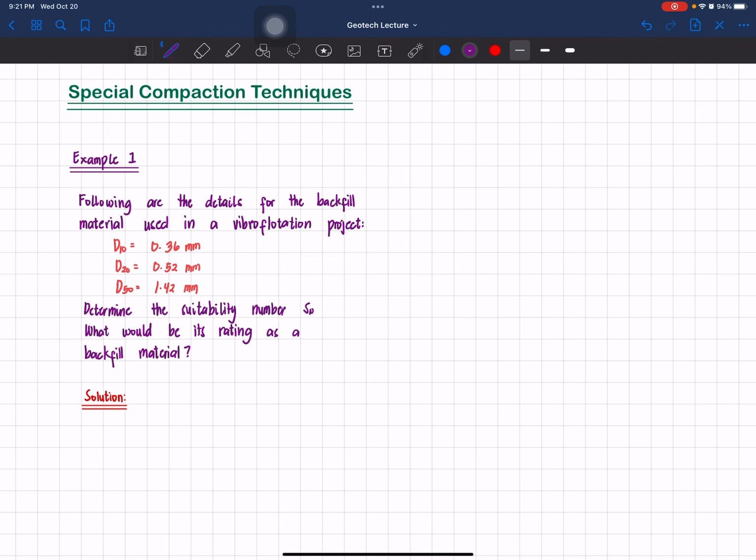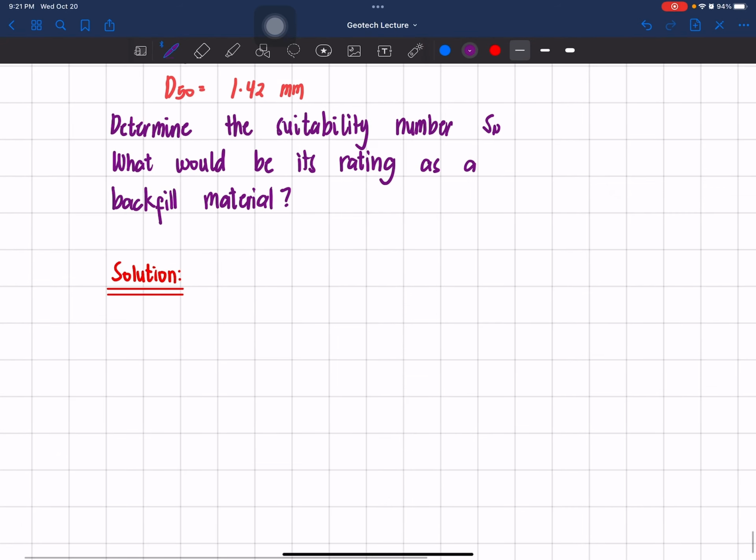Sabi kasi dito, determine the suitability number and what would be its rating. And binigay na sa atin yung mga components. Okay, ito na yung mga components niya. Okay, so wala na tayong problema. So yung problema na lang natin is hindi natin memorize yung formula. Okay, pero in your case, for sure that you know that because it's actually open notes. Okay? Yeah.